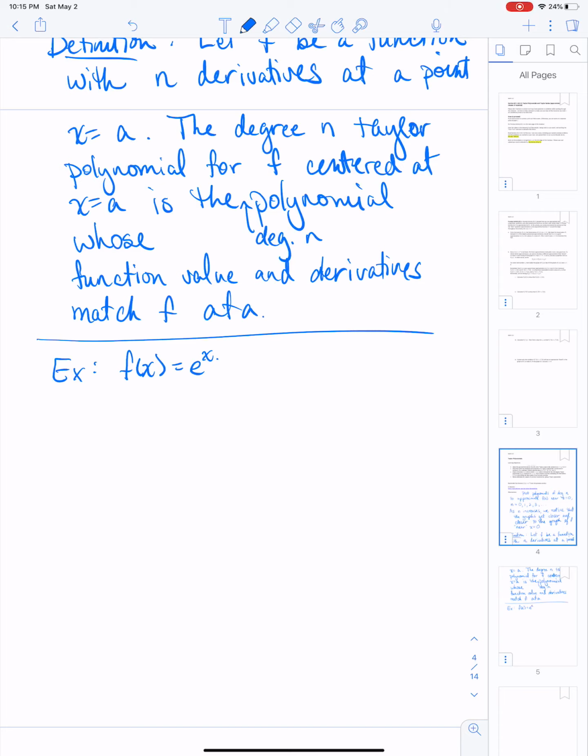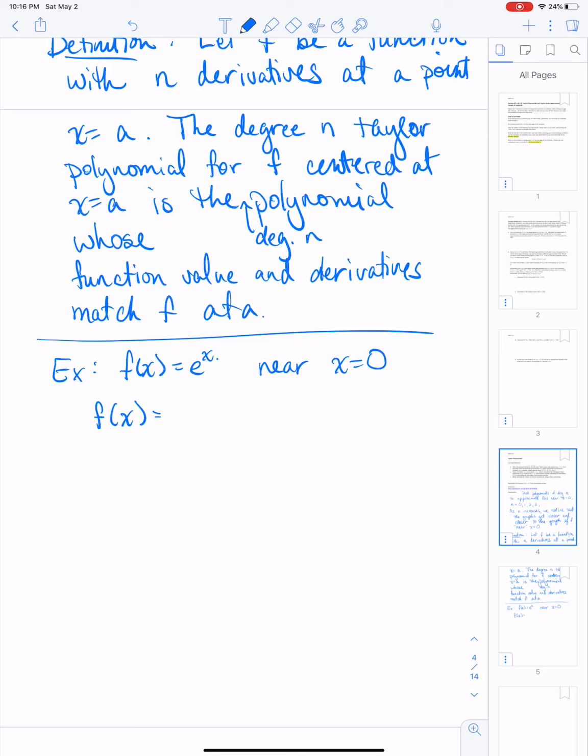And what we know is if we want to say near x equals 0, then what we are thinking about is f of 0 equals 1. Let's first consider the function and its derivatives, right?